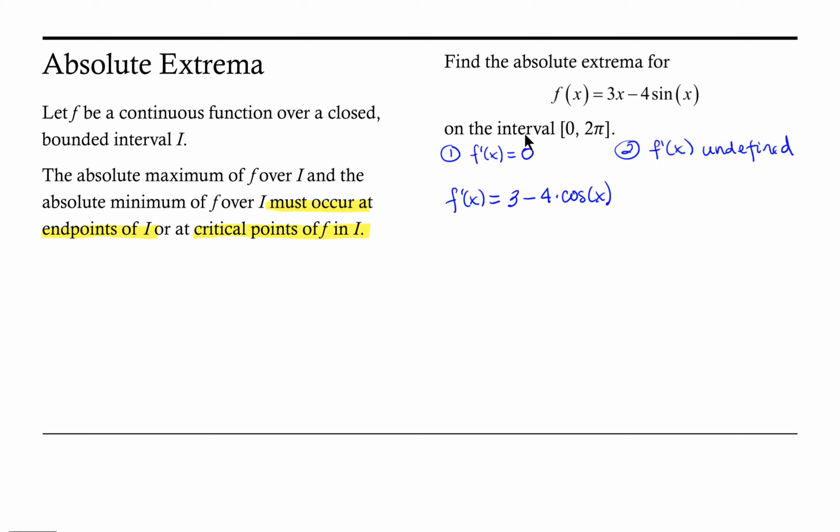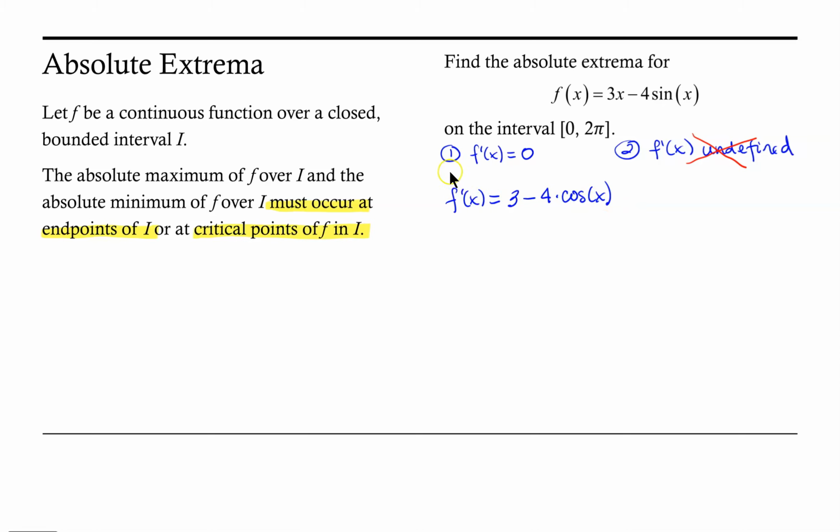So we have 3 minus 4 times cosine x, and this is defined for all real numbers. So I do not have to consider the second scenario where my derivative is undefined.